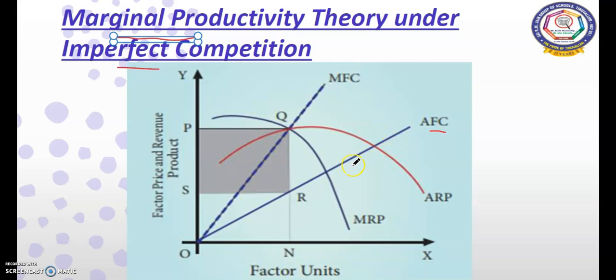So, as AFC rises, MFC lies above the AFC. Here you can see MFC curve line. So, it represents the marginal cost paid to the factors. So, at that point Q, MFC equal to MRP.